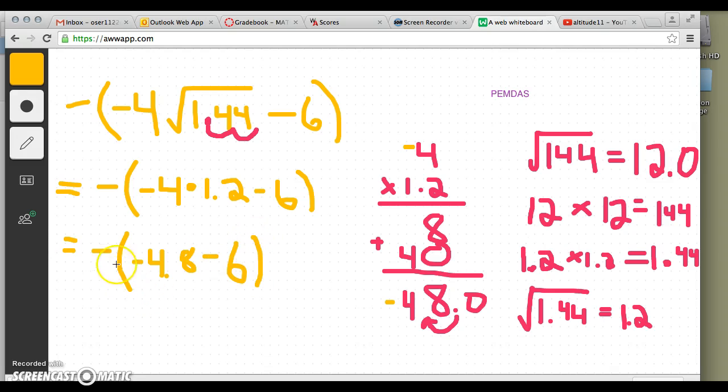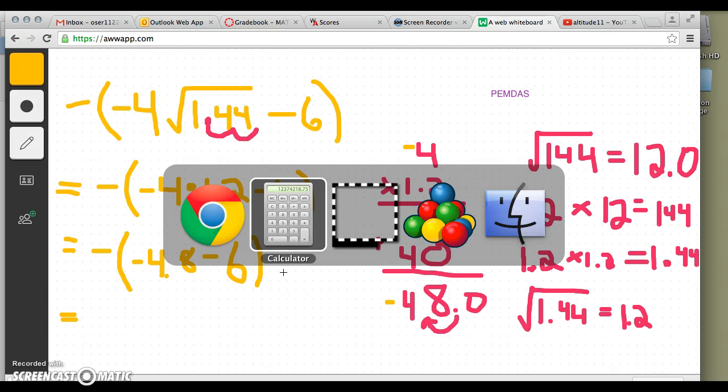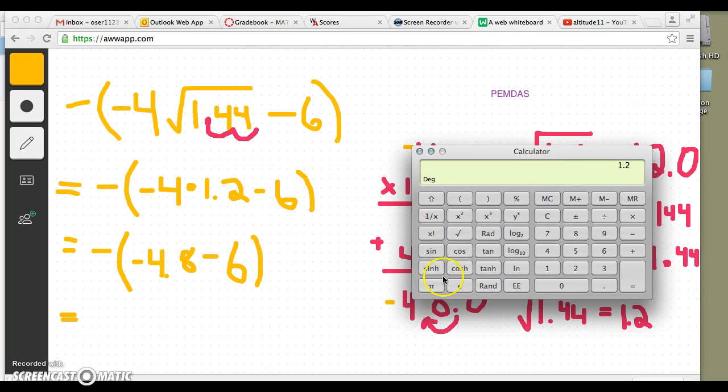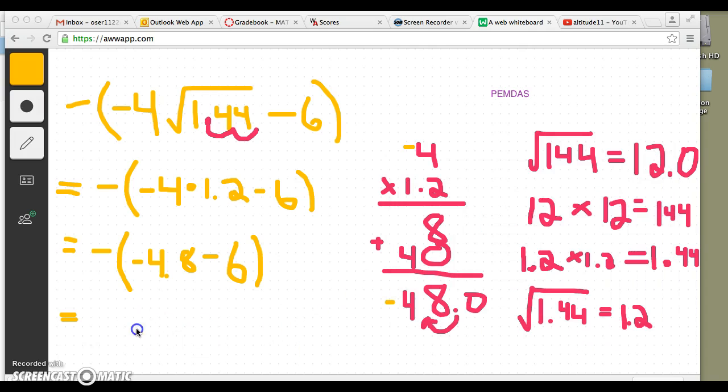All right, so we have negative parentheses, negative 4.8 minus 6, and we're still inside of this parentheses. I'm running out of time, guys, so I'm just going to use our calculator. Negative 4.8 minus 6 is a negative 10.8.